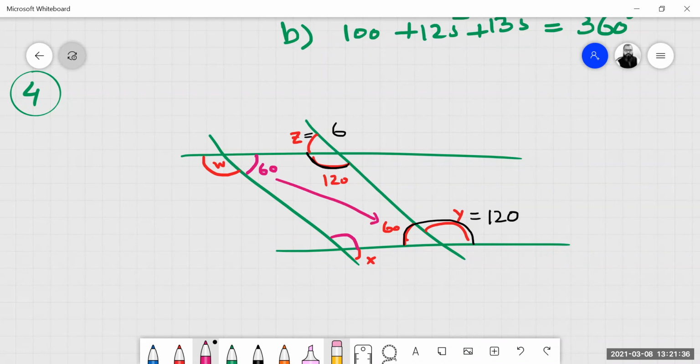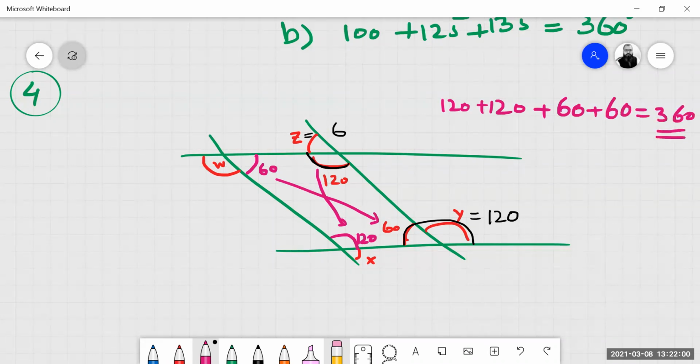Same rule, this will be 120. If we add these all, 120 plus 120 plus 60 plus 60, you will see that it is 360. In question number 2, I told you the sum of the interior angles of a quadrilateral is 360 degrees. Right?